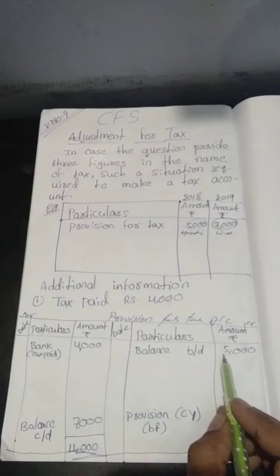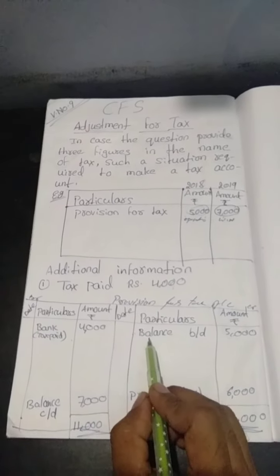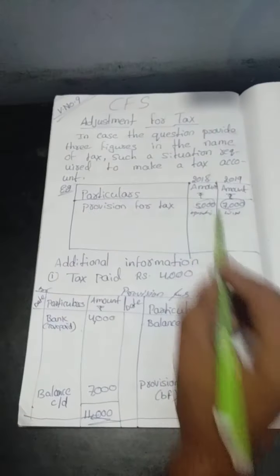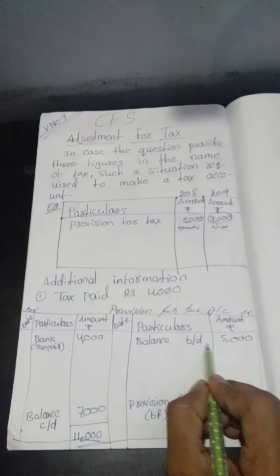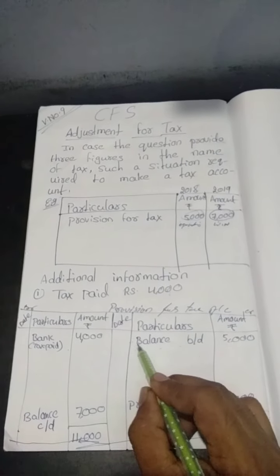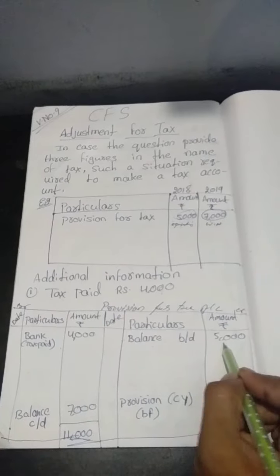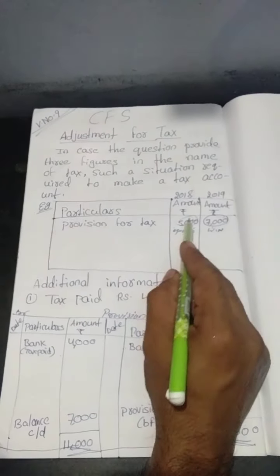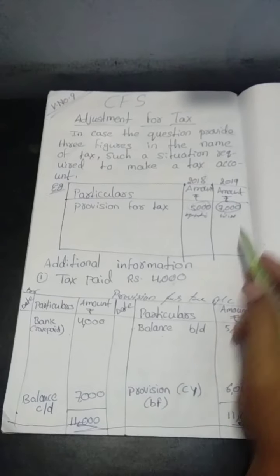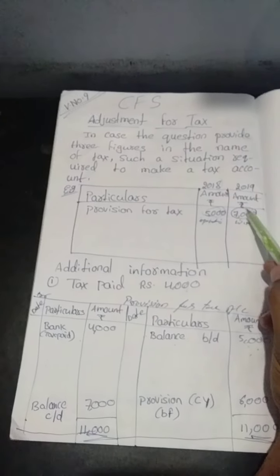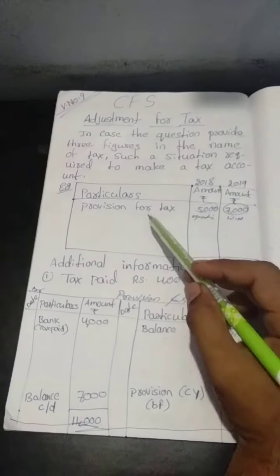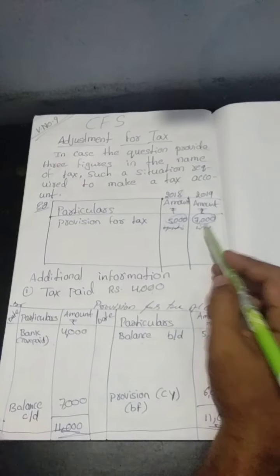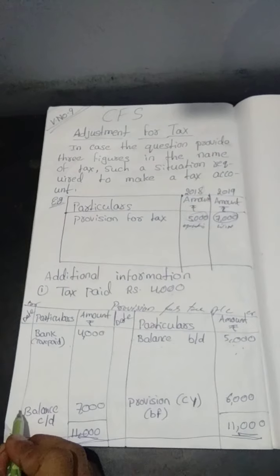This balance, last year's balance, we take as the opening balance, or balance b/d, brought down, that is 5,000. Another figure is given, the provision for tax of the current year, and we mention that here.